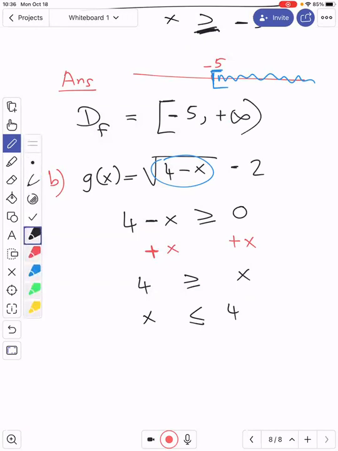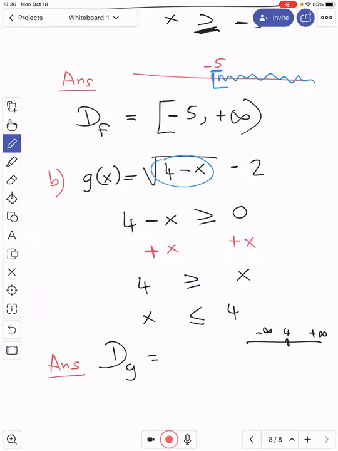So the final answer: domain of g. On the number line you have 4, negative infinity, and positive infinity. It's less than or equal to 4, so it should be on the left side of 4. You always go from left to right, guys, don't forget that. So you start from the left: negative infinity all the way to 4, with 4 included. Infinity is always excluded, right?